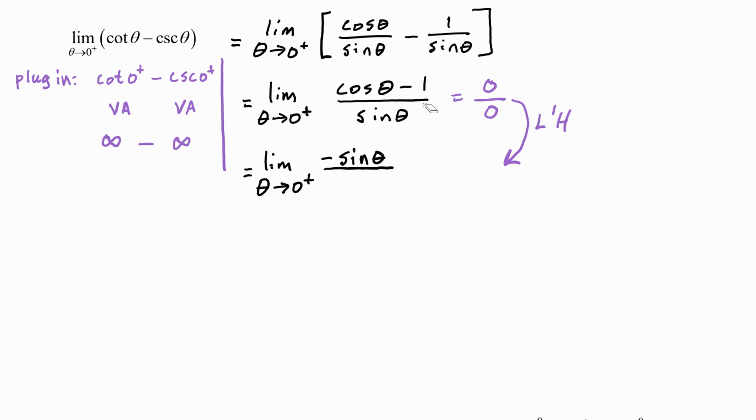In the denominator, we have to do the derivative of sine theta, which is cosine theta. Now we can try plugging in again. We have the negative sign, and sine of 0 is 0, cosine of 0 is 1, and negative 0 over 1 simplifies to 0.